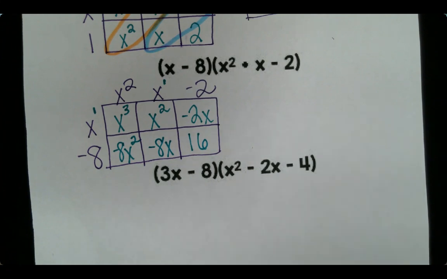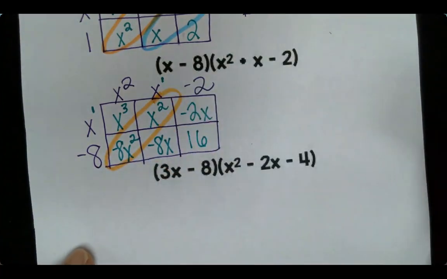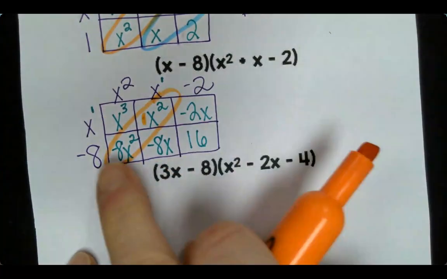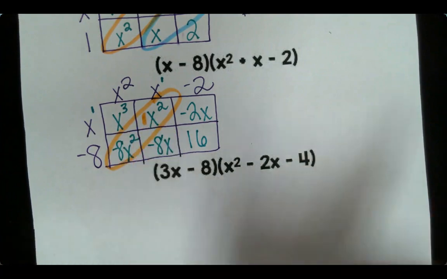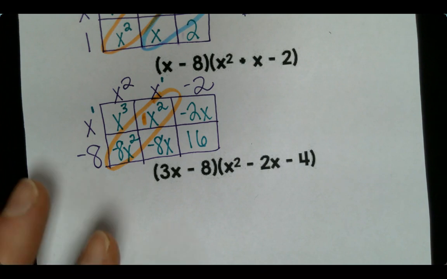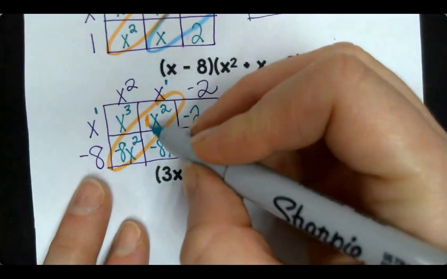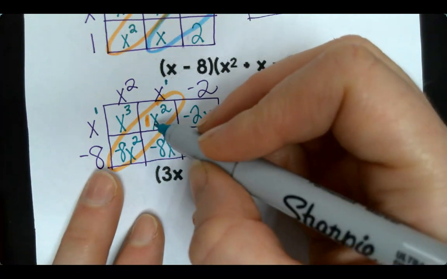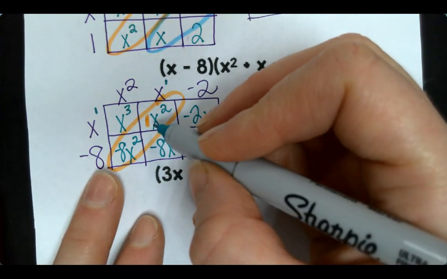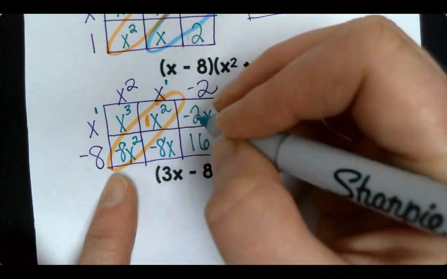So then we need to combine our like terms. So our x squareds can be combined together. So it would be like having a 1. So -8 plus 1. If you need to use a calculator, use it. No shame in that. No, because they're different signs. So it's a negative and a positive, so you subtract them. 8 minus 1 is 7. And keep the sign of the larger number.